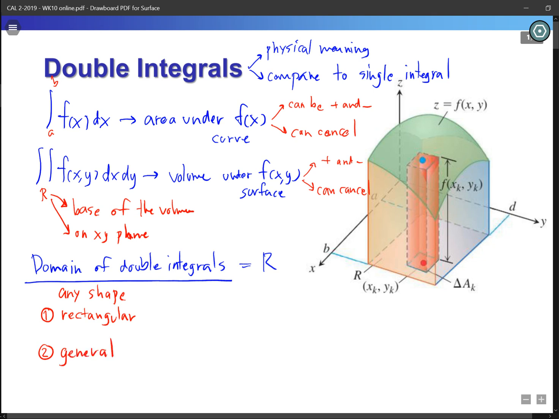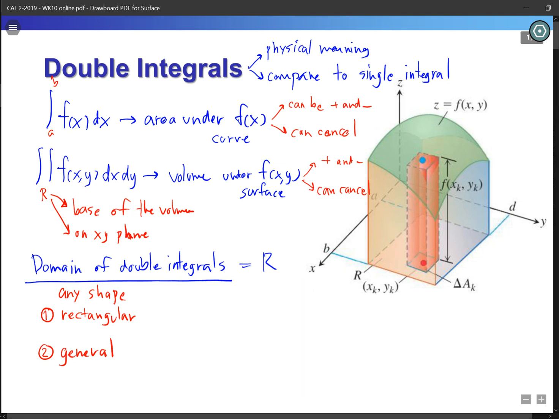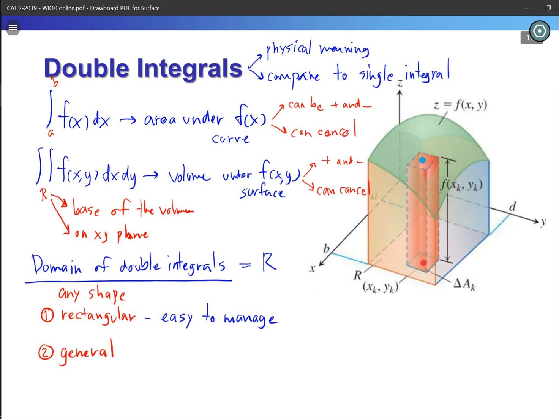So first, rectangular domain, and second, general domain. With the rectangular domain, I told you that this is sort of easy to manage, and you can see in the next slide why it's easy to manage.